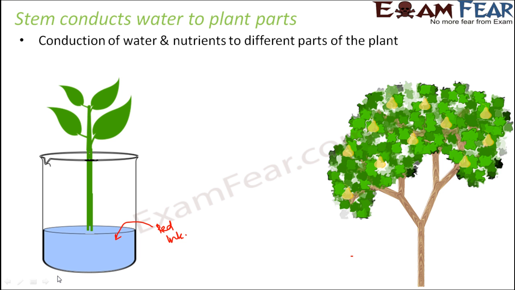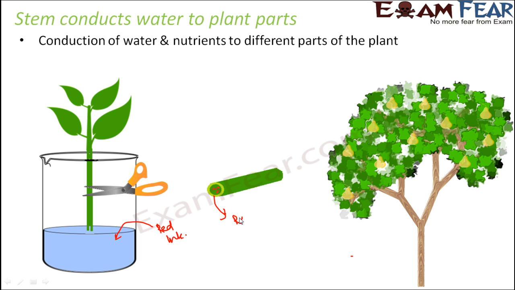Now after some time, you cut the stem from the middle. The red ink color was at this area, but we are cutting it from a little upper side. When you cut a small part of the stem and then observe the cross section of the stem, you would be able to see a change in color.